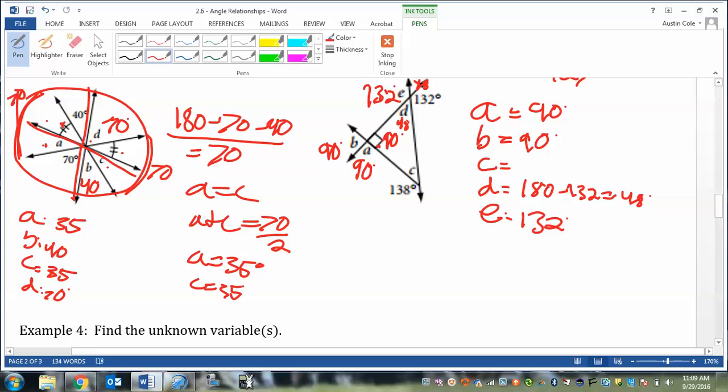Why is that? Because a triangle is 180 degrees. I like it. So triangles add up to 180 degrees, right? We have 90 and 48. So 180 minus 90 minus 48 gives us 42 degrees. Anybody have any questions on that?